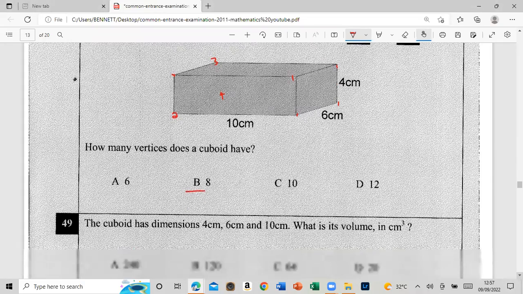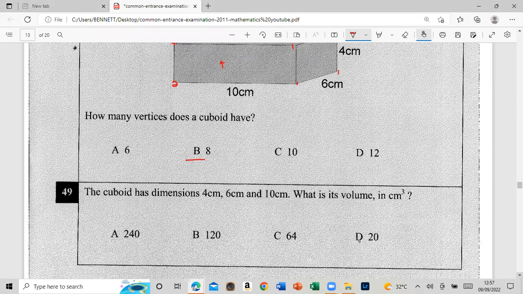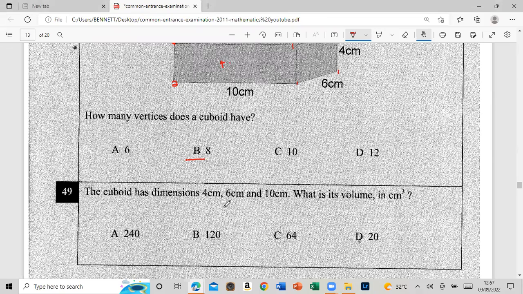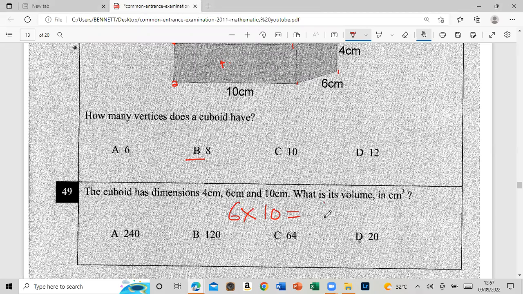Let's look at the next one now. The cuboid dimensions are 4, 6, and 10 centimeters. What is the volume? Now, volume is the amount of space you take up. So we find the area of the base, which is a rectangle, 6 by 10. So we find that first. So it will be 6 by 10. The area of the base is 60 centimeters square.